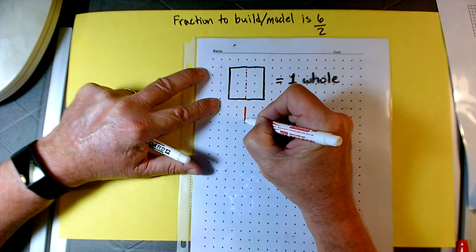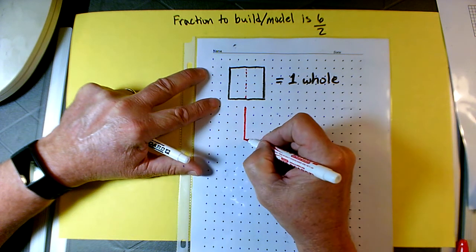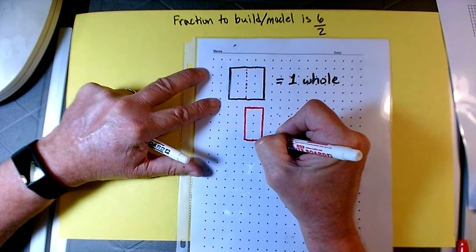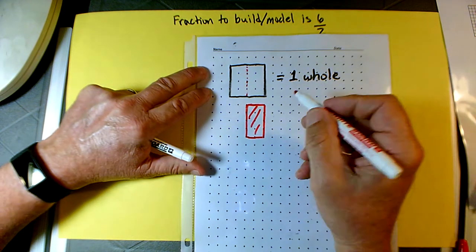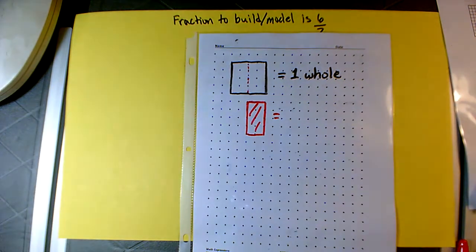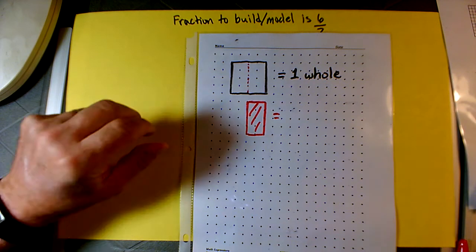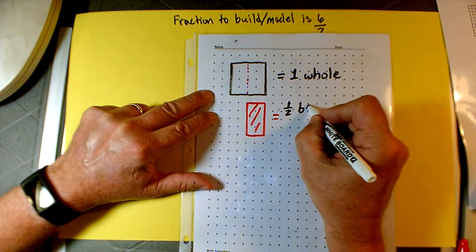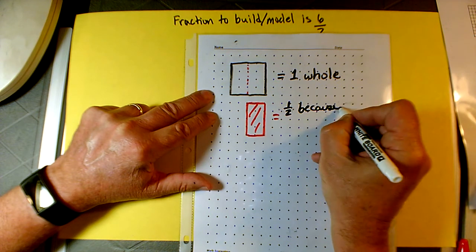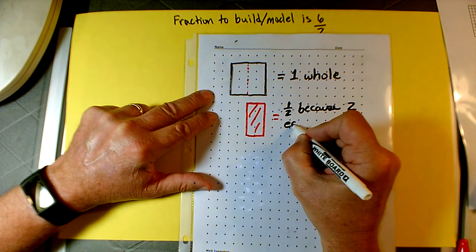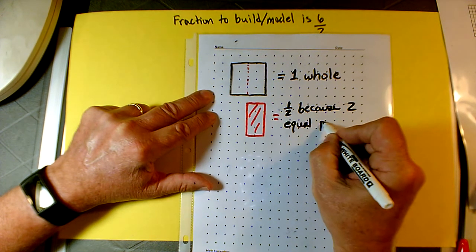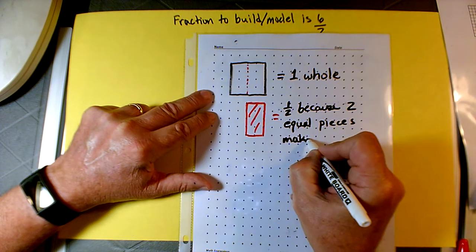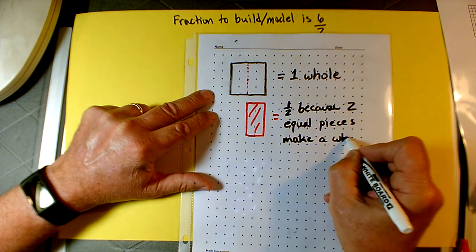And I'll say that this now, this drawing, is equal to 1/2. And that's because 2 equal pieces make a whole.